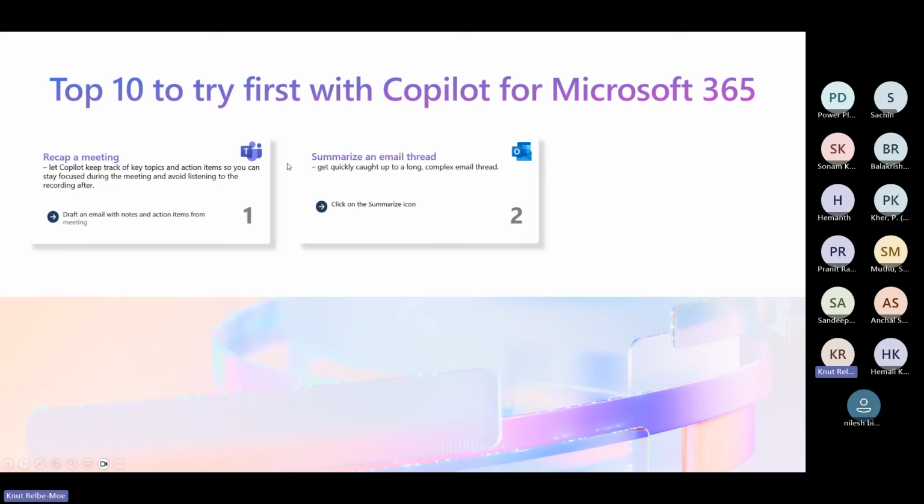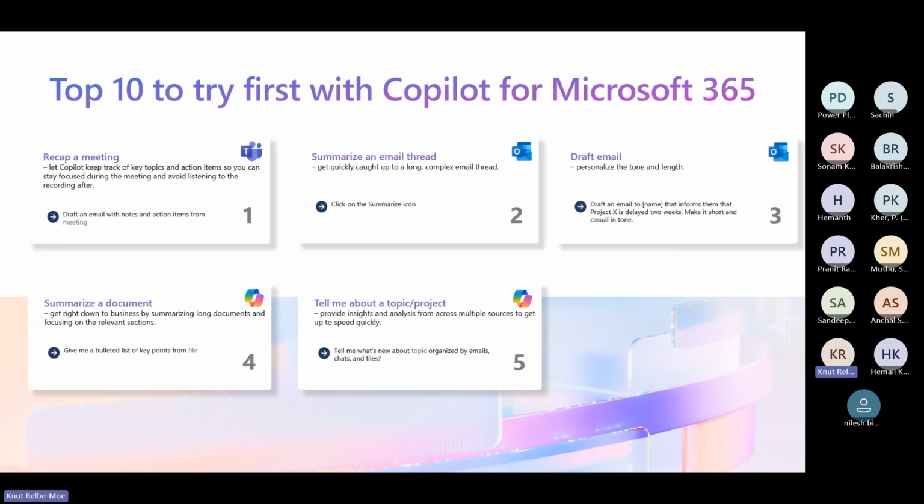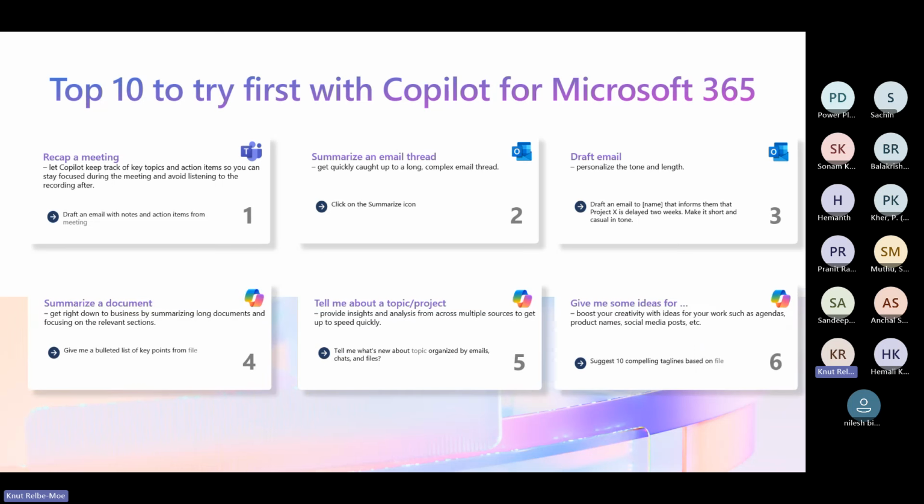But first of all, let's see some of the things that you can do. This is a really nice slide that I always show when I'm talking about Copilot. Here we see the top 10 first things to try with Copilot for Microsoft 365. Of course, here we will not ask Copilot to do a recap of a meeting because we are in the browser again. But we see that typically people want to summarize an email thread, draft an email, as I mentioned, and summarize a document.